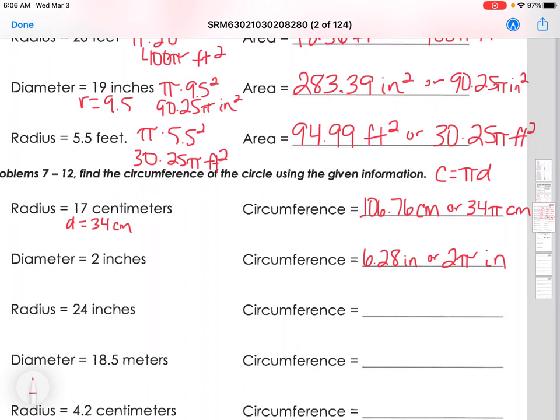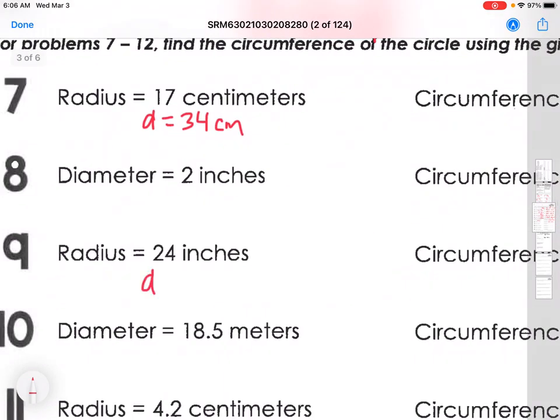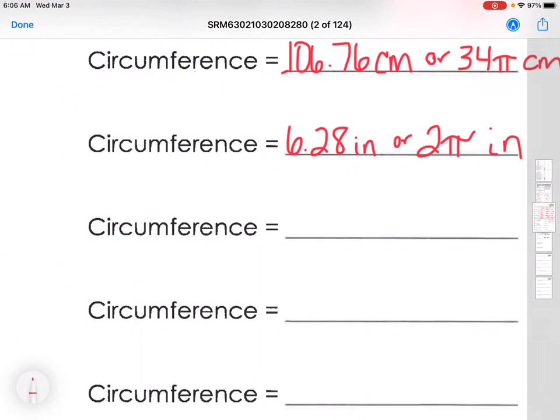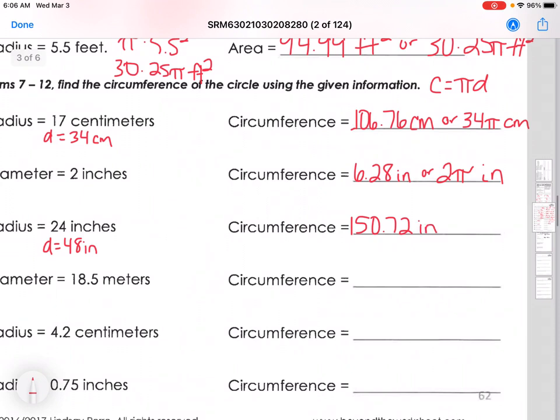If our radius is 24 inches, that means our diameter is 48 inches. So we have 48 times pi, which is 150.72 inches, or 48 pi inches.